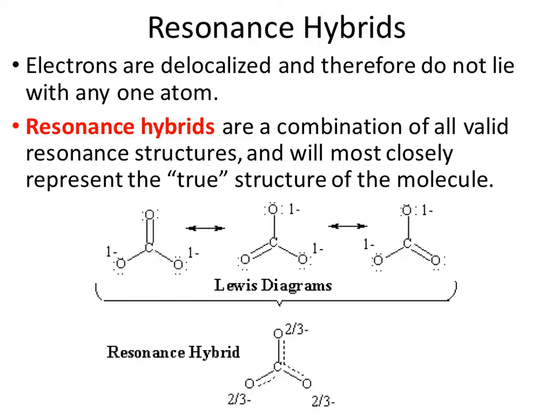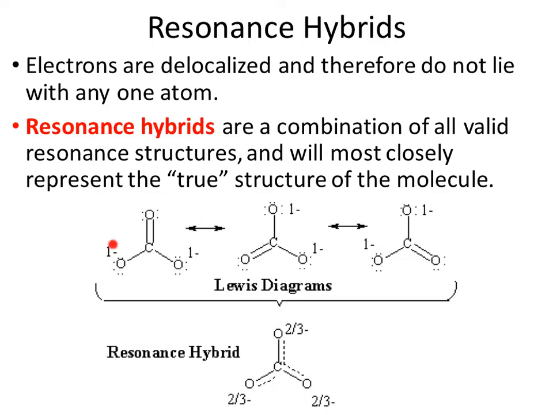Now, here's a carbonate, CO3 2 minus, and you can see that one of the oxygens has a minus 1 charge, and this one has a minus 1 charge. I'll show you what that means in a second. But in this case, the actual structure of carbonate is a combination of these three, because you won't actually see it as only one of these in existence.